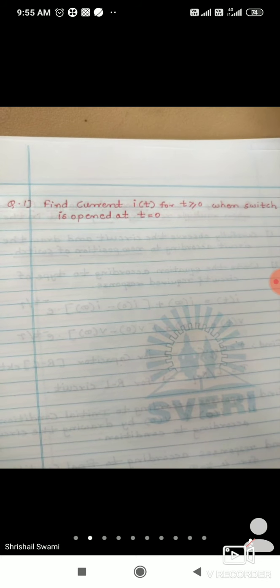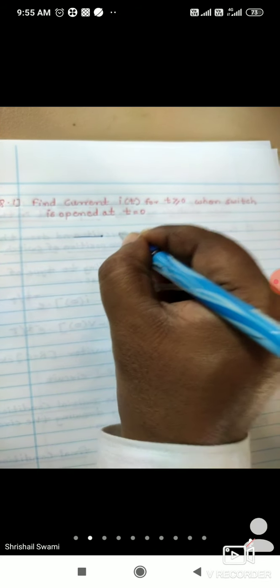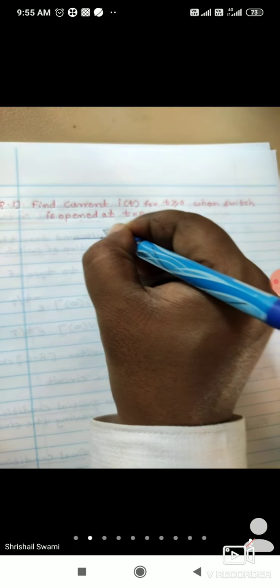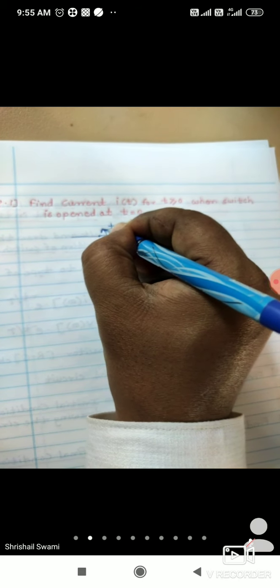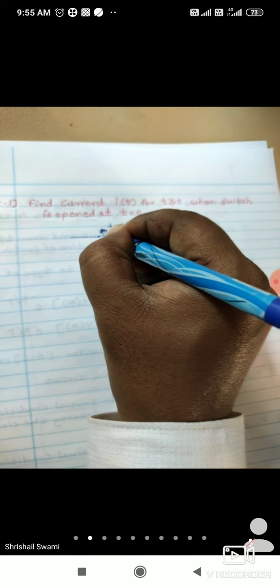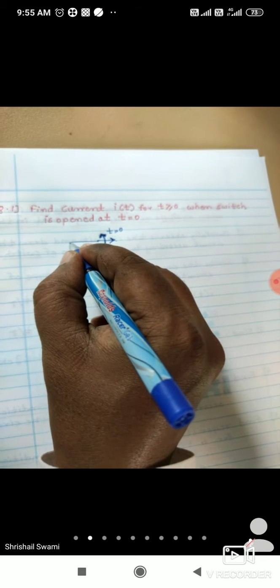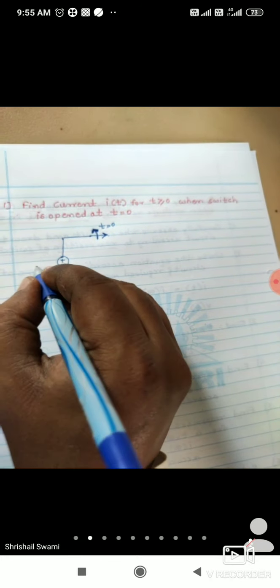Yesterday's problem, in that the condition is reverse. Here the switch is opening at t is equal to 0. Already it is closed, so it is opening at t is equal to 0. Many times such type of questions they will ask, but we have the habit that the switch is closed at t is equal to 0.